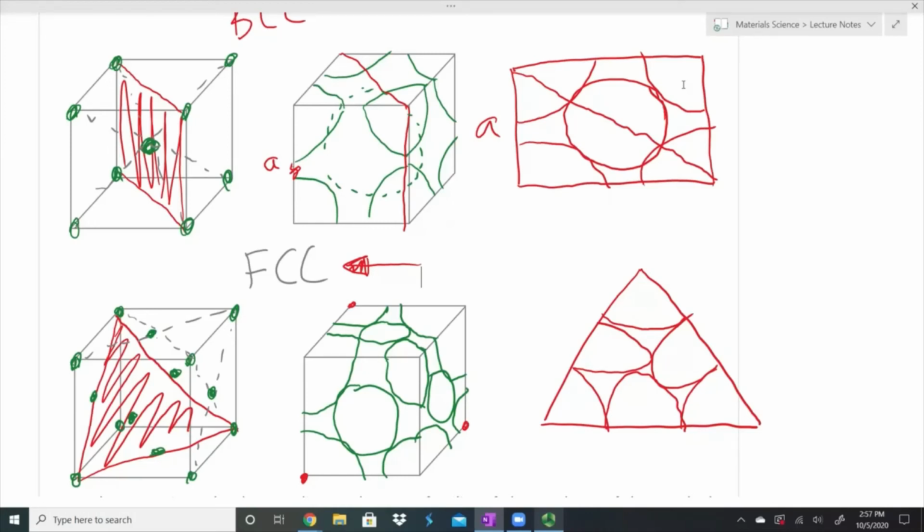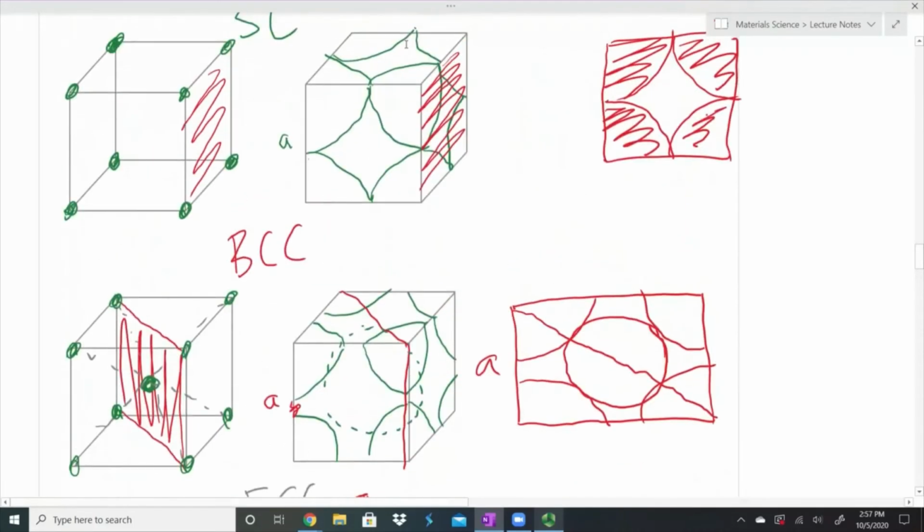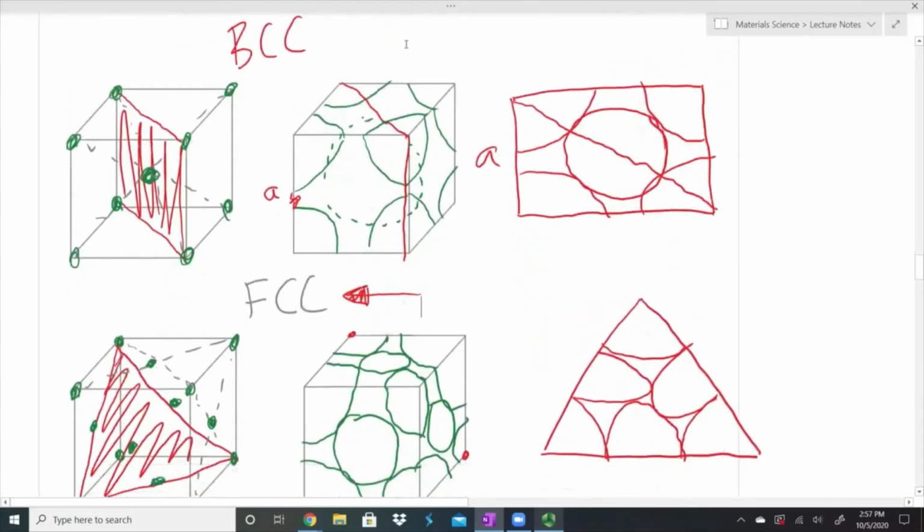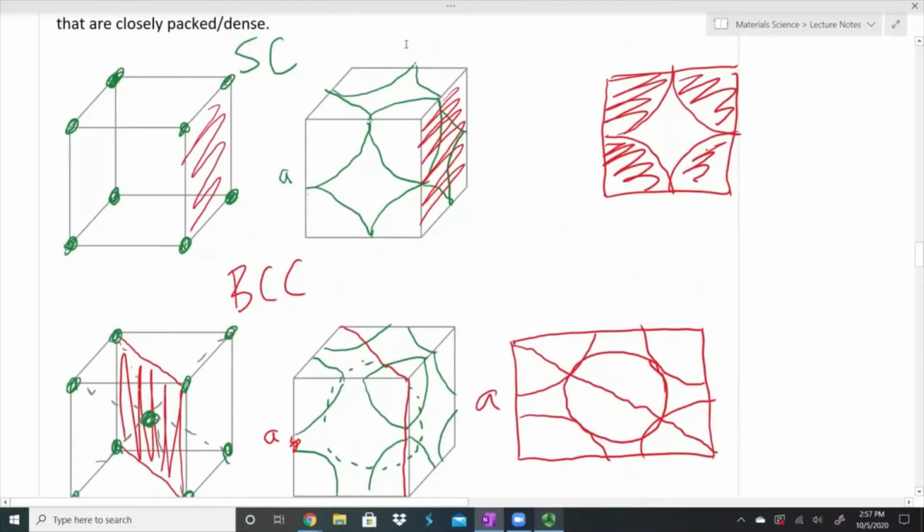But for now, it's important to know that for every single Bravais lattice, and we just chose 3 of them here, the simple ones to draw, we could draw in planes. And some of those planes are going to be close packed, meaning it's the most close packed that we can get out of that structure. If I wanted to, I could draw a 0, 1, 1 plane here in my simple cubic.